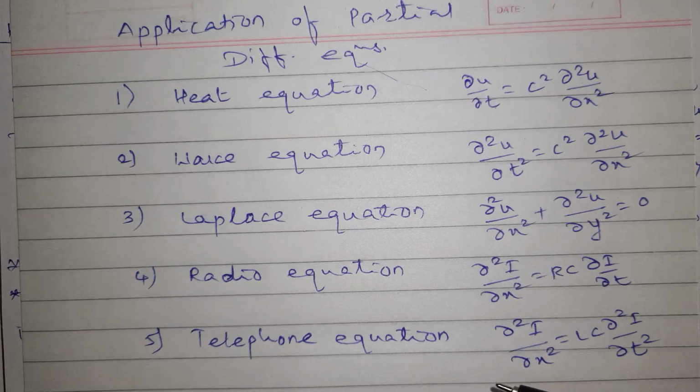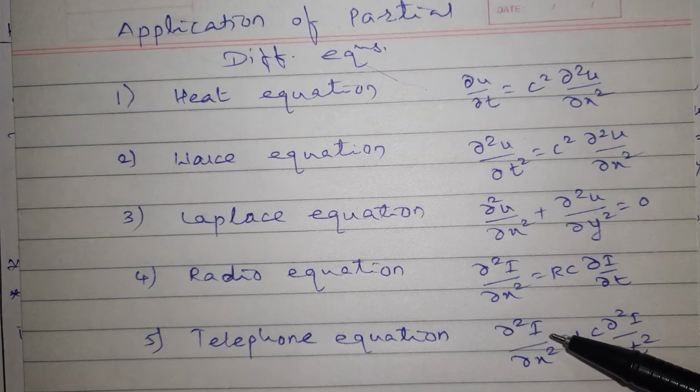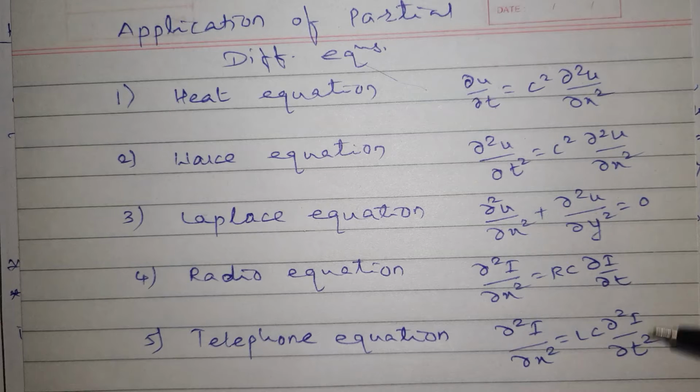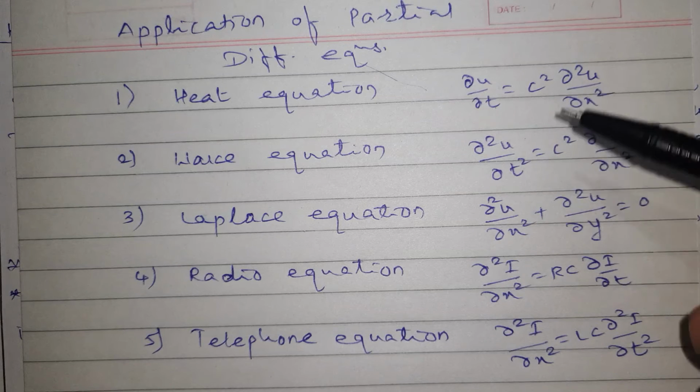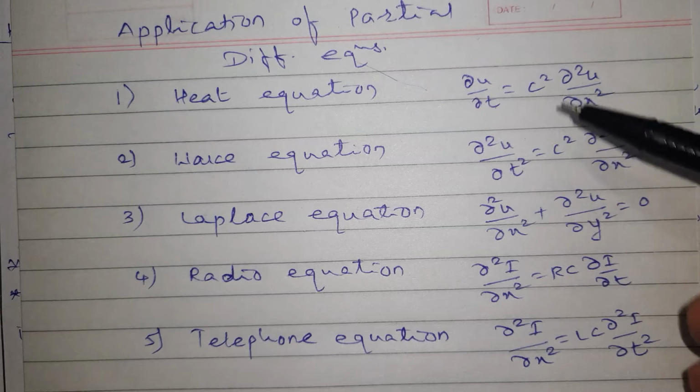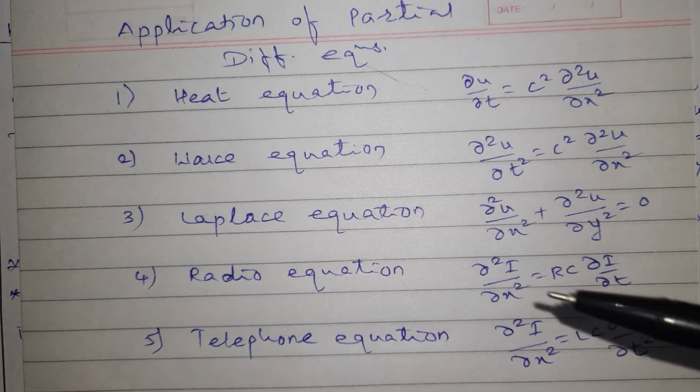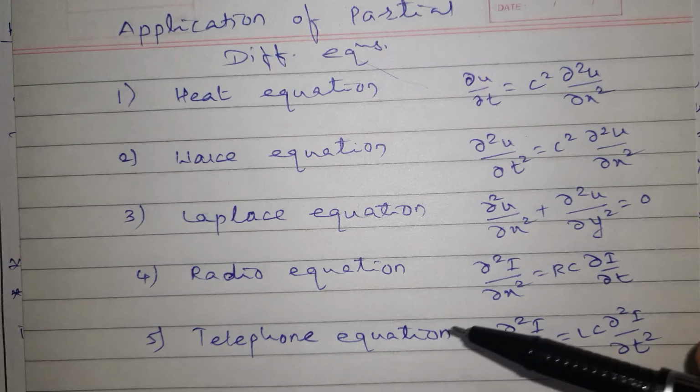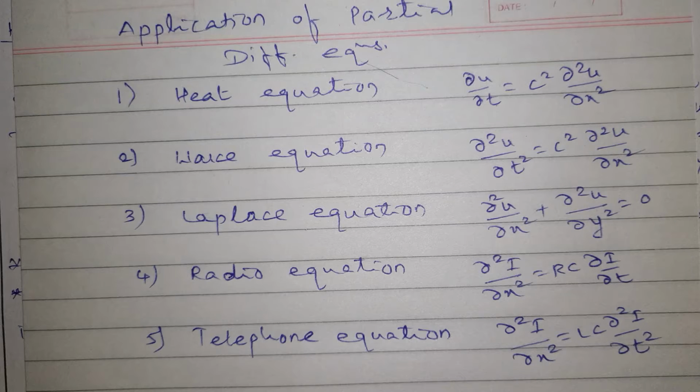Understood? Then we have to take the telephone equation. In the telephone equation, it looks like a wave equation: dou square I by dou x square is equal to LC dou square I by dou t square. We use the same concept we are going to study for the heat equation, wave equation and Laplace equation, and the similar concept we will apply for the radio equation and telephone equation.